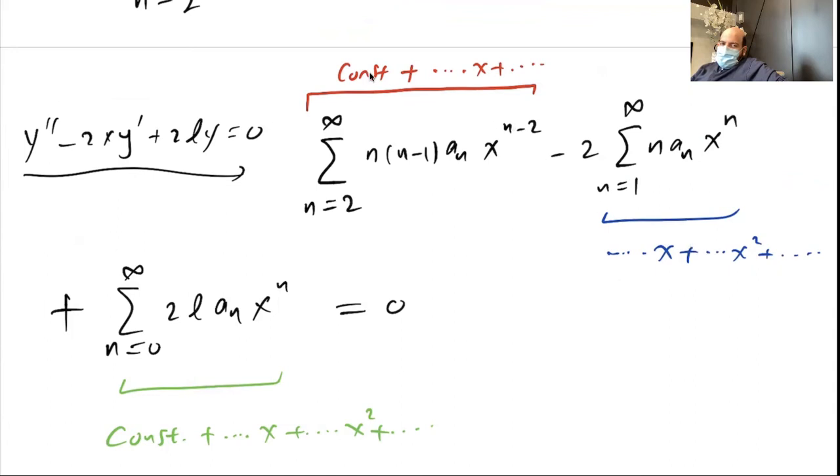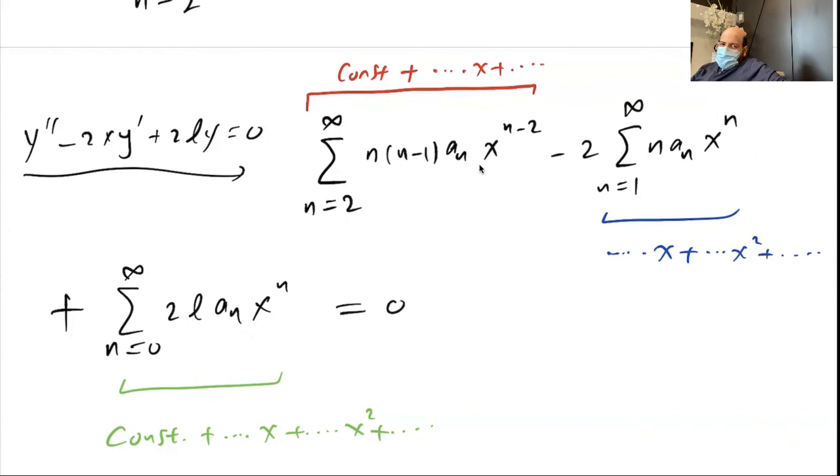If I break down this sigma and this sigma as a constant term plus the terms that start with x, and this one starts with x, then I can match them. But the constant terms have to be separated because only these two sigmas include a constant term, not this one.